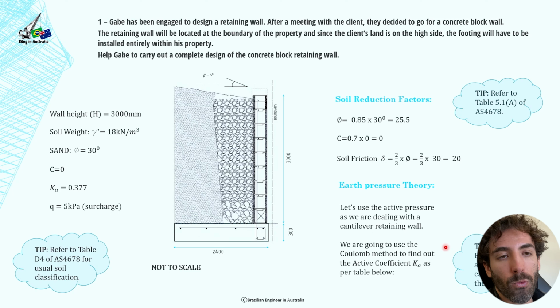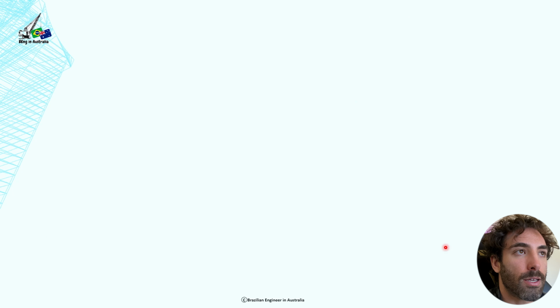Make sure you understand what each earth pressure theory accounts for. For example, the Rankine doesn't use cohesion of the soil, and considers a smooth wall. So for each scenario you might use different types of earth pressure theories. We're just going to go with the Coulomb method in this one here.